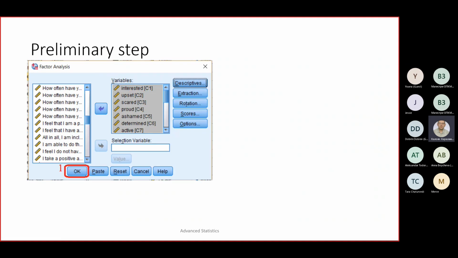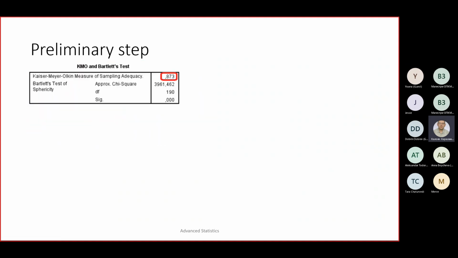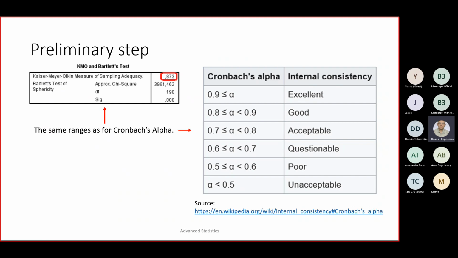And when we press OK, first we have to see this KMO. This is the Kaiser-Meyer-Olkin measure of sampling adequacy. The interpretation of this measure is the same as for the Cronbach's alpha, so the intervals are the same.